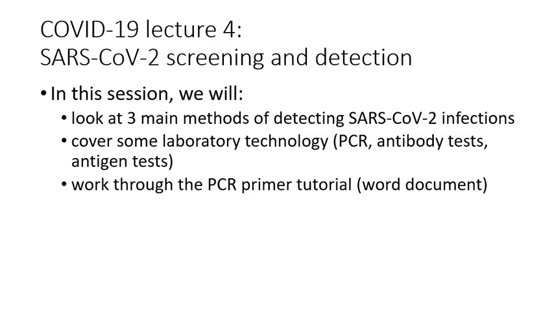So we're going to look through the three main methods of detection of either a current or historic infection, and that is polymerase chain reaction based tests, antibody tests and antigen tests. And to understand how PCR works, we're going to work through a polymerase chain reaction primer design tutorial to illustrate how the technology works.